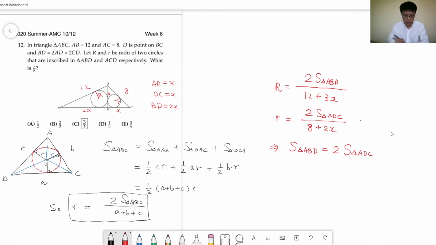Okay? And then we can divide it, right? So little r divided by capital R is twice ADC, 8 plus 2x, divided by capital R, that's multiplication by 12 plus 3x, divided by twice triangle ABD.